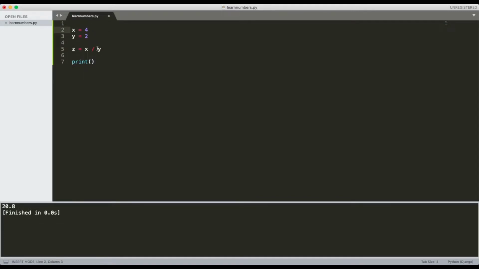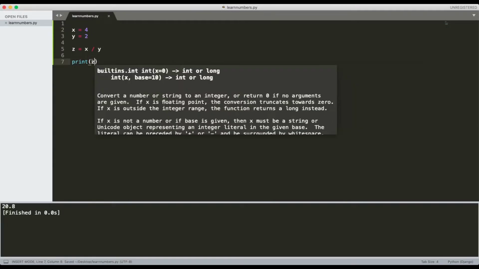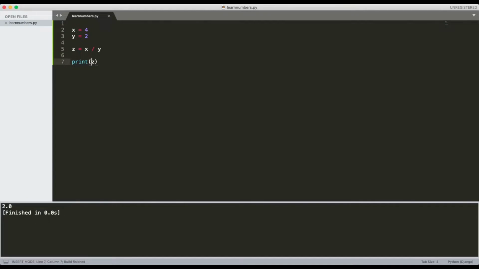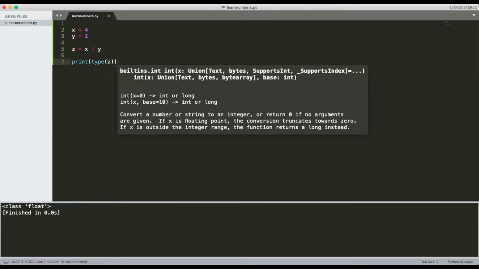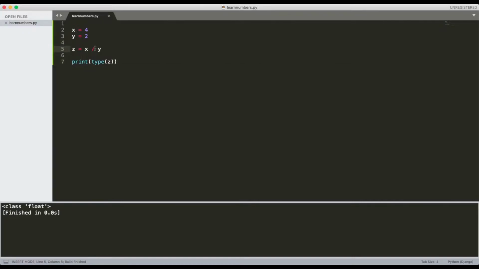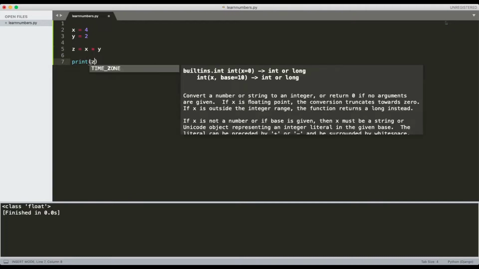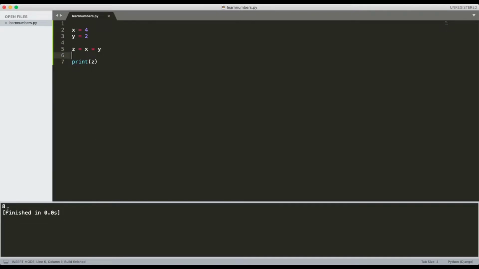This is 2, so it would be 4 divided by 2, so this should be 2, as we expected. You can see that this is actually a float because division usually gives a float, since division usually gives us some kind of decimal. If we did multiplication, you can see that it stays as an integer because multiplication rarely gives back decimals.